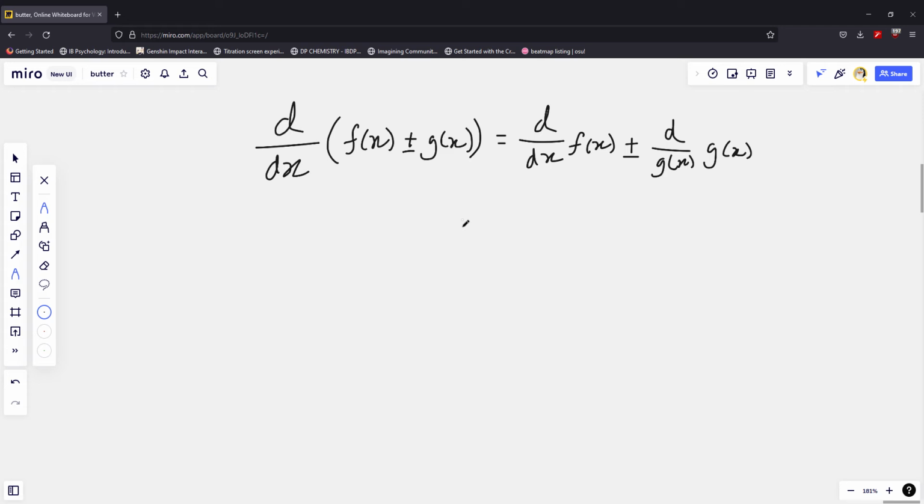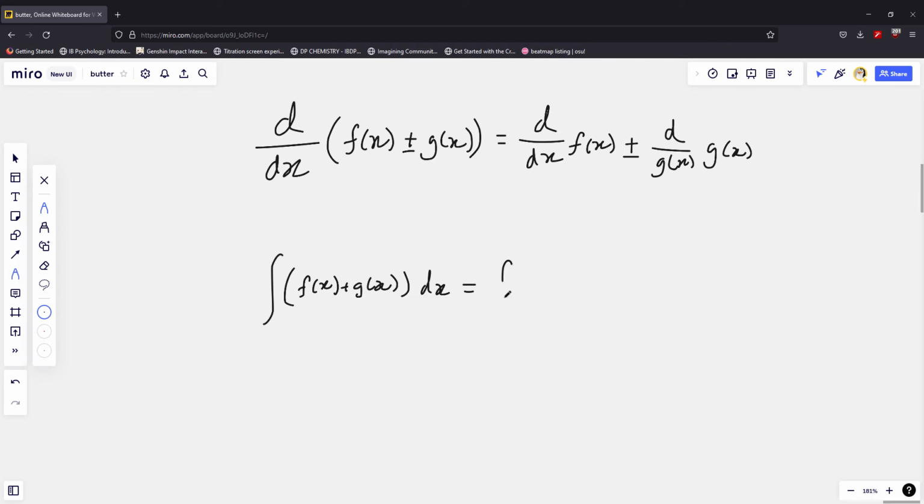Such a basic rule also holds true for integrals. So, if I were to ask you to take the integral of f of x plus g of x with respect to dx, you can split up the integral into two parts.